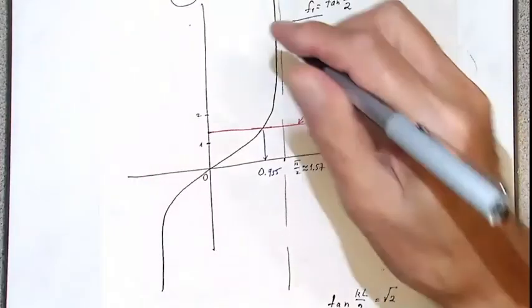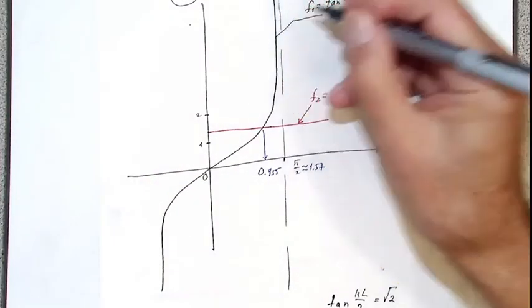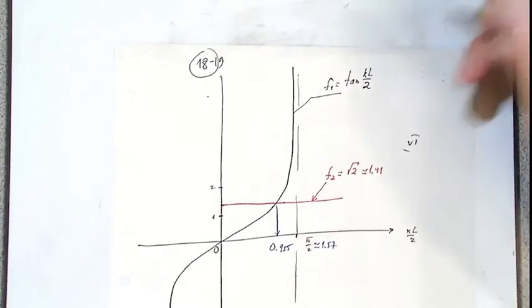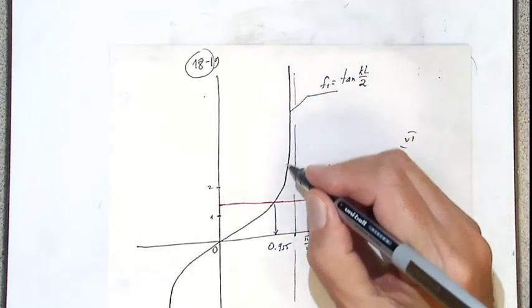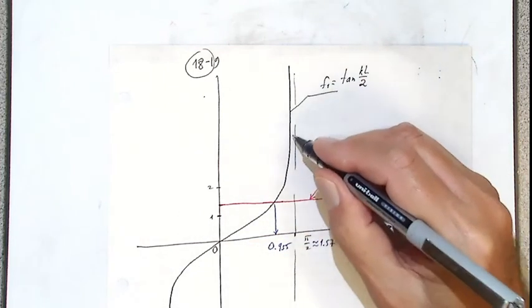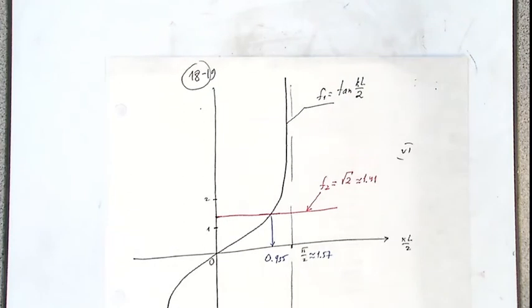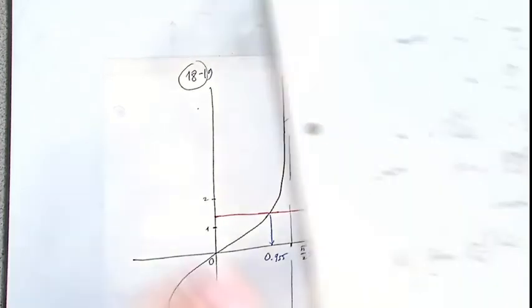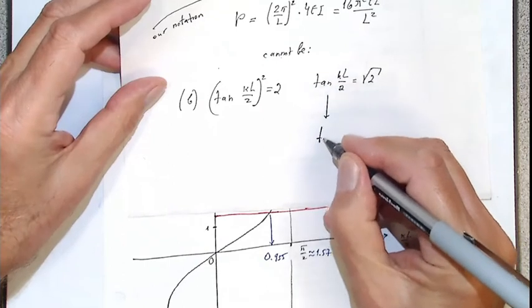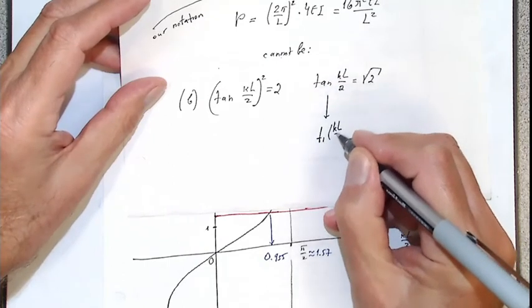Okay, so then I'm depicting, and if you have a bigger expression, then you have to depict. So that is this tangent. I'm depicting tangent KL over 2. That is function 1. Look, please. I'm calling this f1 of KL over 2.